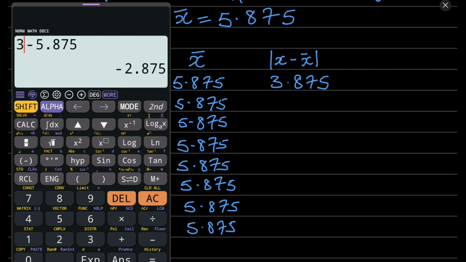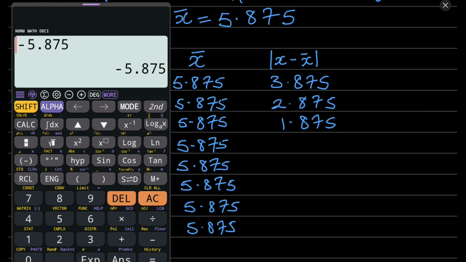We do the same for the next value. Next value is 3. Here we have 2.875 without the sign. Again, we go for 4. We have 1.875 without the sign. The next would be 5. Okay, let me just write out the values here so you can see where I'm getting them from.